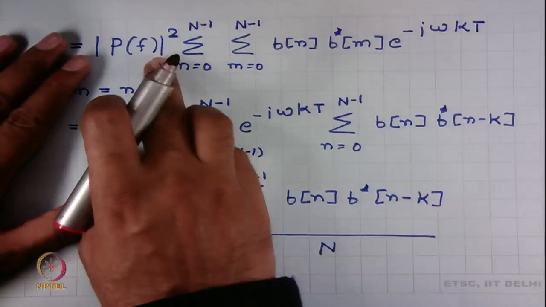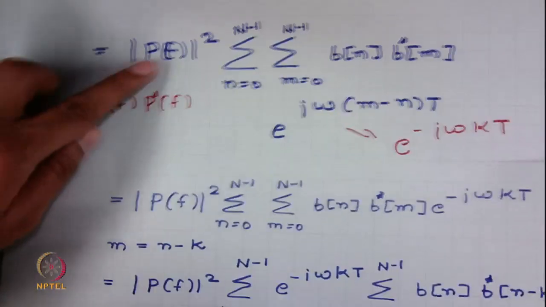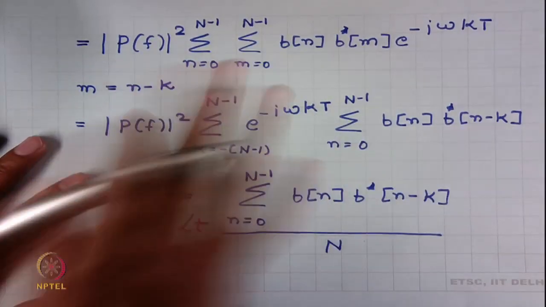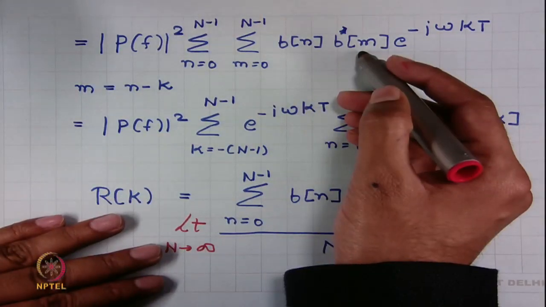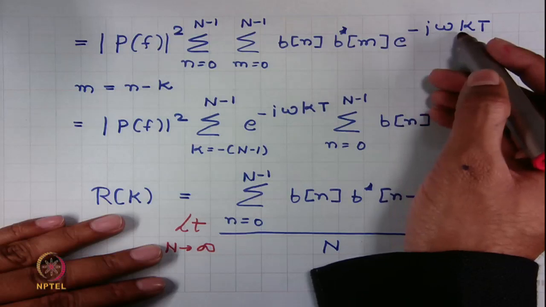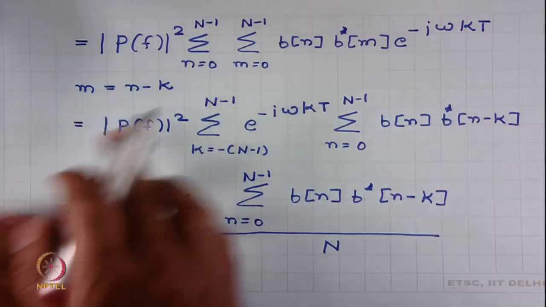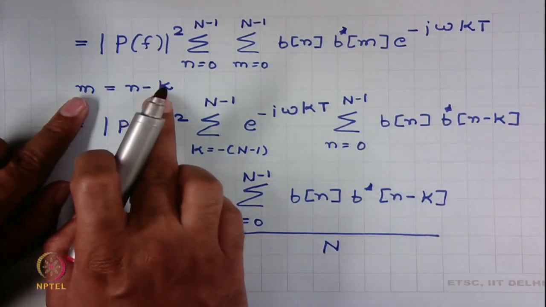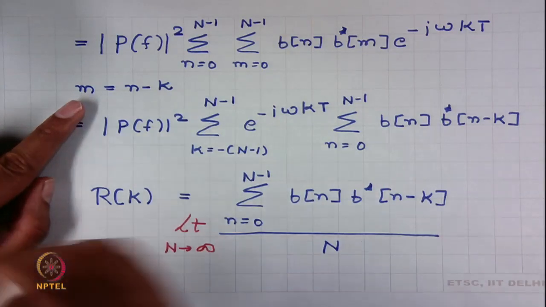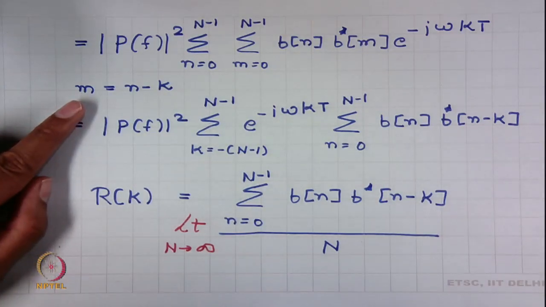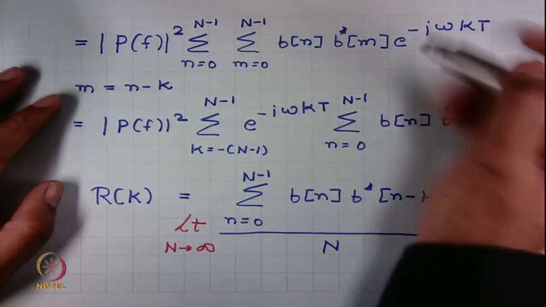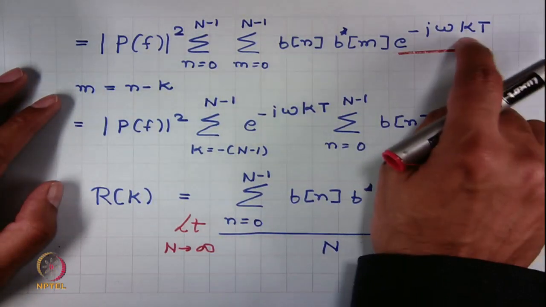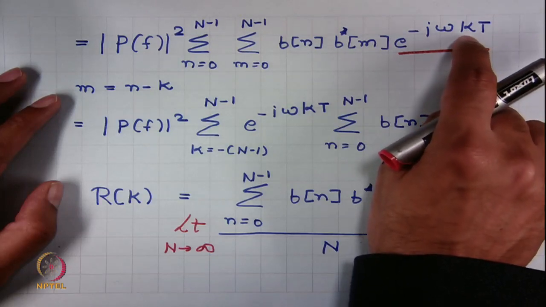So, mod P f square, because it was already here, the summations are intact, I have not changed the limit or anything yet: Bn into Bm conjugate into e to the power minus j omega k t, and we know that m is n minus k. Now, we want to change the limit. This is not a function of n.